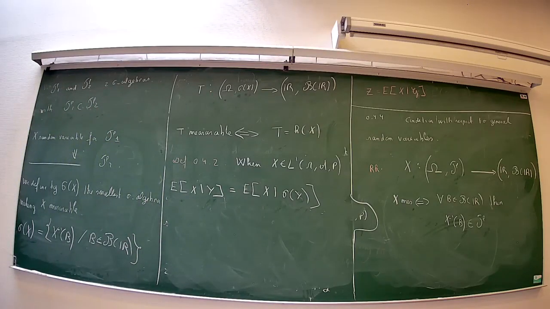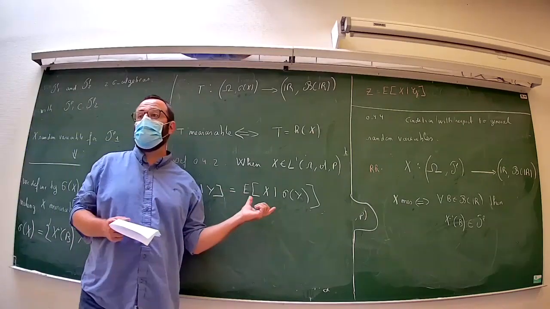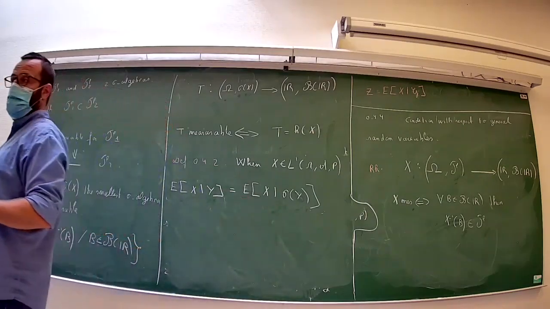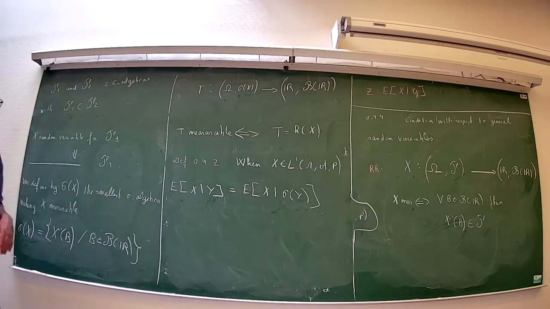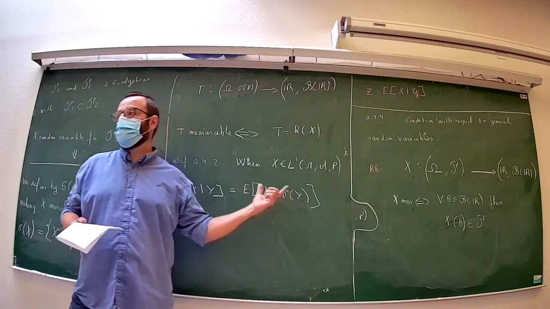The definition in this case is just a consequence of the previous definition. Conditioning with respect to a general random variable is just a subcase of conditioning with respect to a sigma algebra. I just take as the sigma algebra sigma of Y.